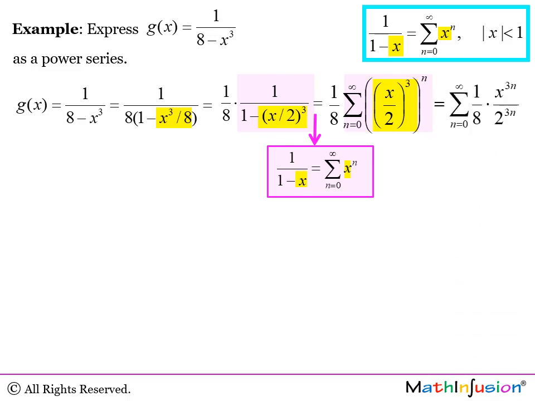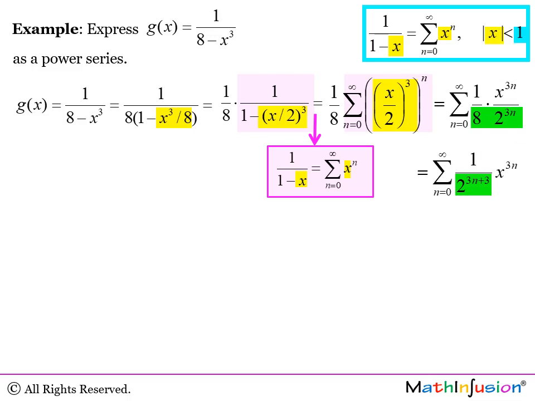Will I write that as this? 1 over 8 is a constant, so I can definitely write it outside of the sigma notation or in the sigma notation. I also rewrite x over 2 cubed to the power of n as x to the power of something over the rest, because I would like to isolate x to the power. Now I'm going to combine the 8 with 2 to the 3n to get 2 to the 3n plus 3, because 8 is 2 cubed.